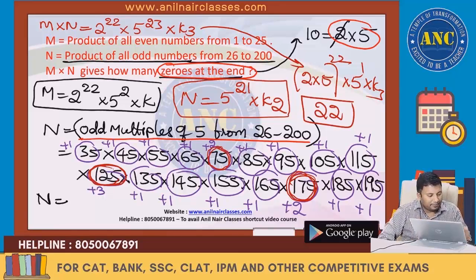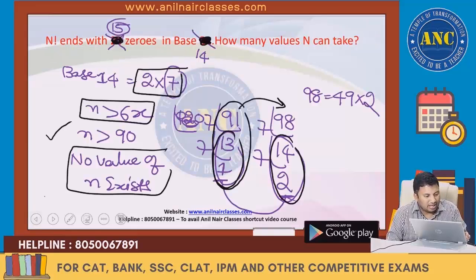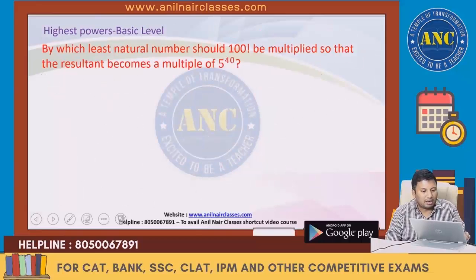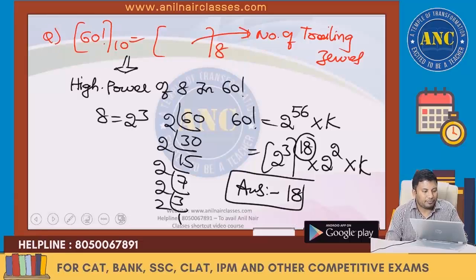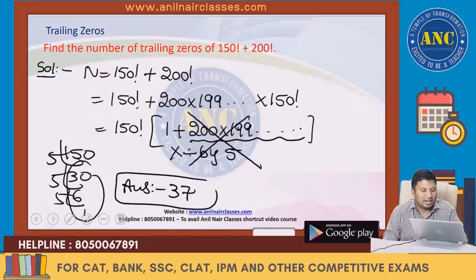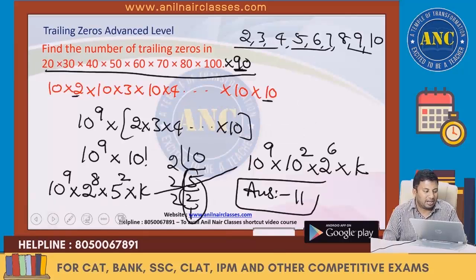Is the idea clear? Till now, what are the topics that we did? Still in the evening, we have a lot of good questions to solve. Yesterday we did all these questions and now we did the highest number of zeros at the end, trailing zeros. Base system we did. Number of trailing zeros for n is the highest power of 5. Number of trailing zeros if 2 factorials are added, if 10 power is given.